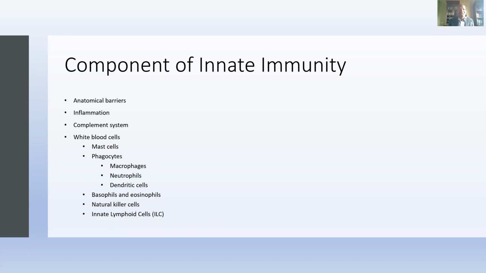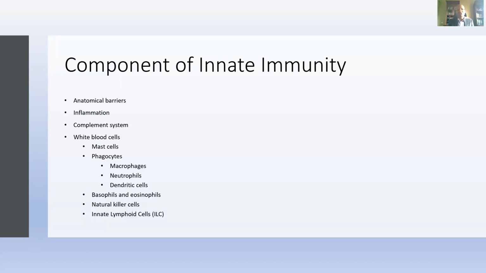So you have to learn all the cells we spoke about and where they originate from. That's the mast cells, the phagocytic cells, which are technically macrophages, neutrophils, and dendritic cells, the basophils and the eosinophils, and know their roles, especially in parasitic infections, the natural killer cells, and the innate lymphoid cells.